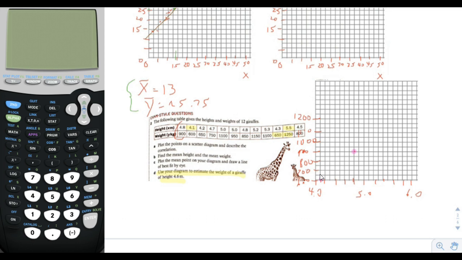And 4.2, 650. 4.7, 750. 5.0, 1100. 5.0, 950. 4.8, 850. 5.2, 1150. 5.3, 1100.